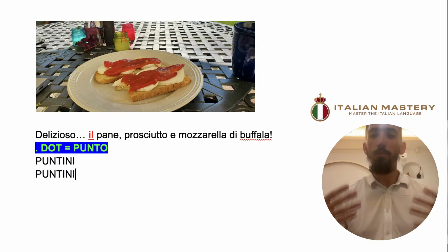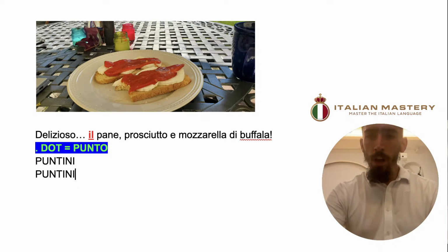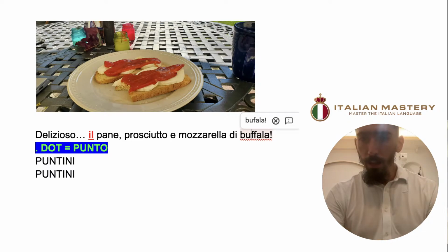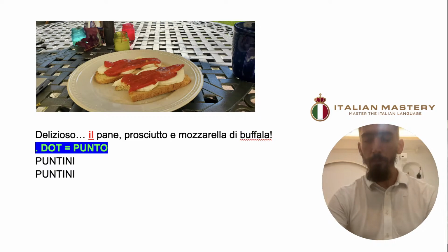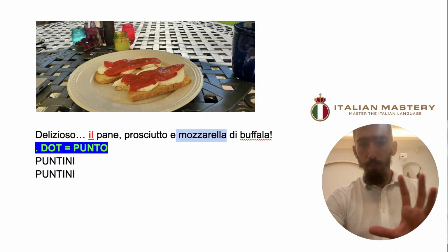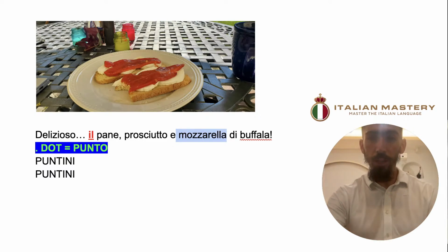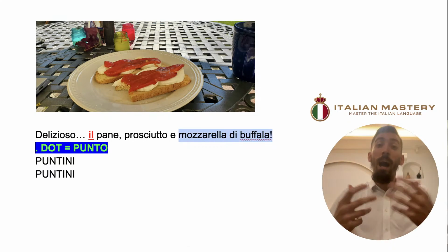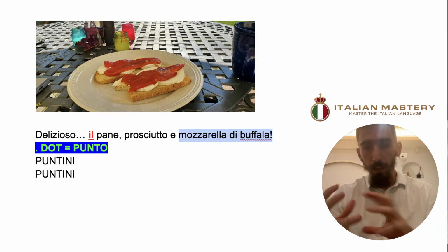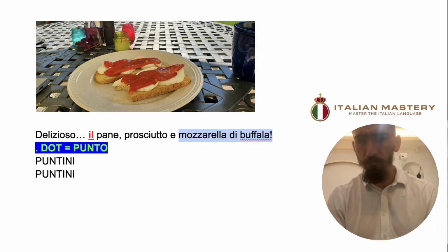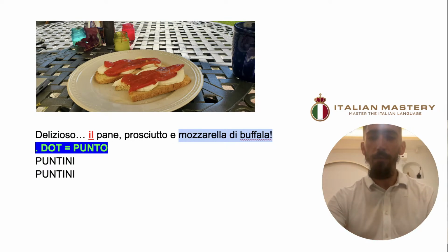Pane, prosciutto e mozzarella di bufala. Now, bufala, I can't remember if it's with one F or two, but it's a minor thing. Mozzarella is perfect, written perfectly. It's a very common type of cheese. Mozzarella di bufala is a particular type of mozzarella. I won't go into details because it's unnecessary.